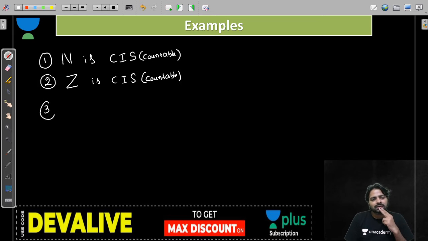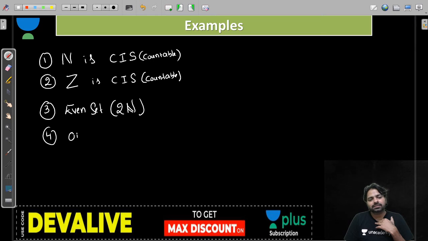And not only this, even set means 2n. 2n is also countable. And odd set means 2n plus 1. If you want to include 0, take 0 also, 2n plus 1 or minus 1. So if I assume 0, then plus 1 is enough.